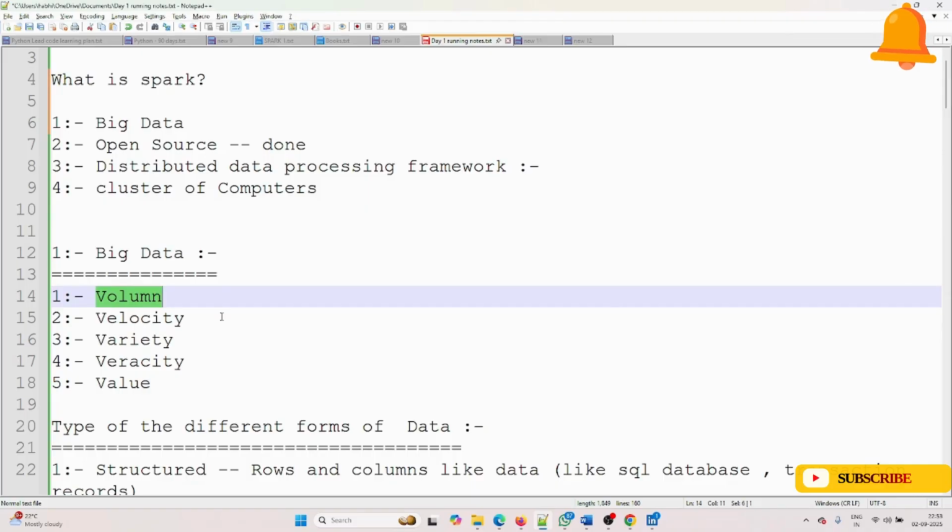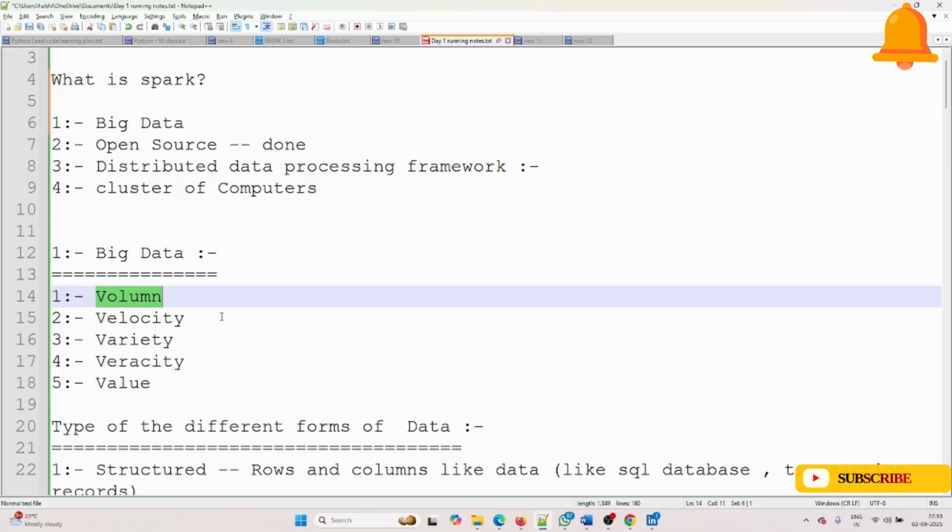Now I'm going to talk about velocity. Velocity means the speed at which data is created, collected, and processed. In the past, data came slowly, like daily sales reports and monthly bank statements.